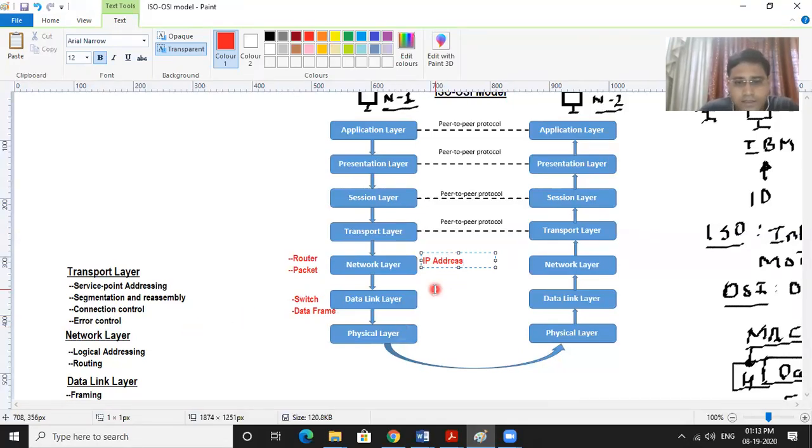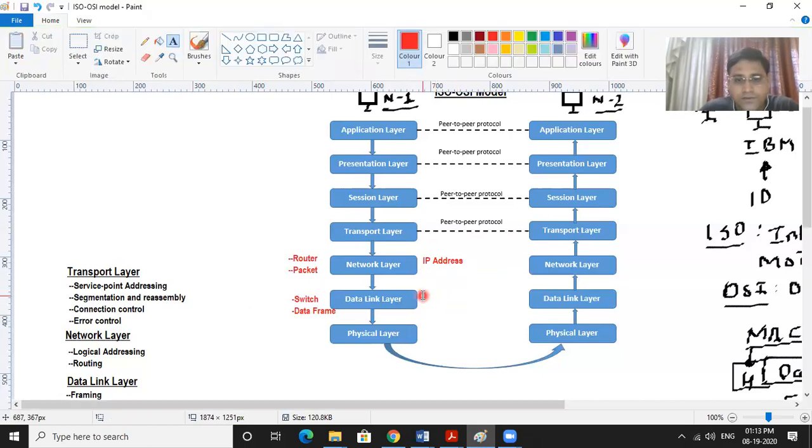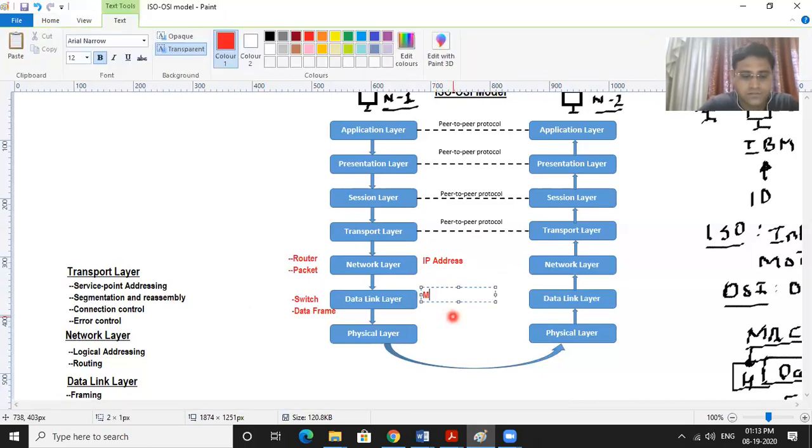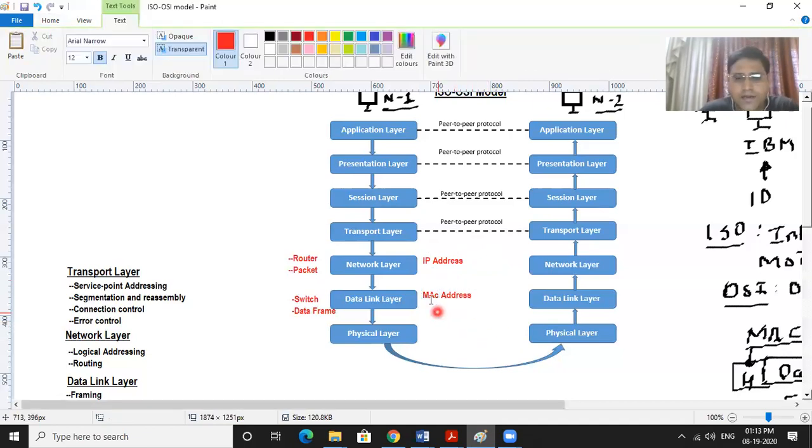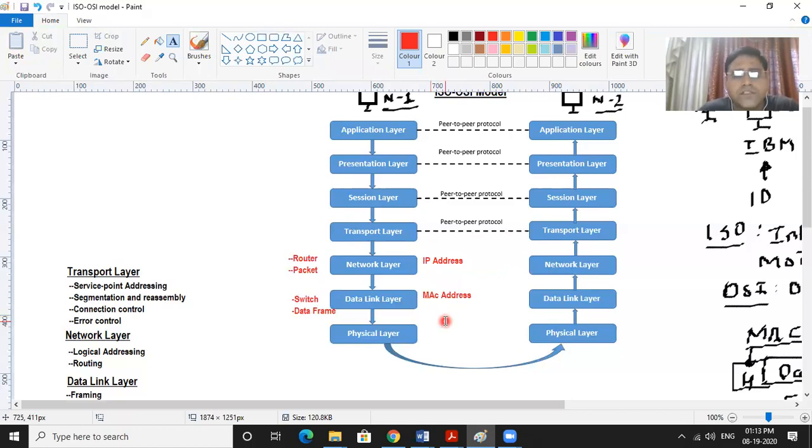And in data link layer, which address we use? MAC address. Now we can easily identify that this is MAC address. Which device knows or reads MAC address? Switch. So that is why it will be used here. Now, which device can understand IP address? Router. So that is why router will be used at network layer.